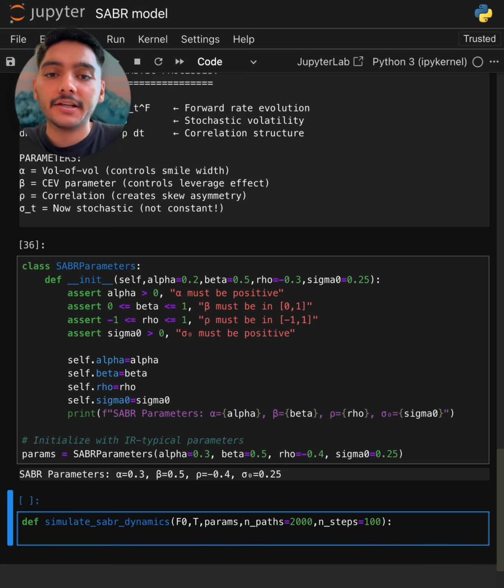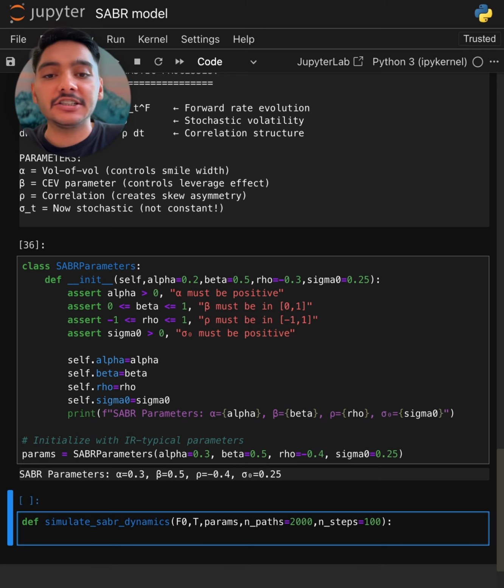What I will tell you: this is a Monte Carlo simulation of the complete SABR stochastic system. Before closed-form approximation, we need to understand the SABR behavior. We discretize the continuous SDEs using the Euler scheme with correlated shocks. This shows how f and sigma co-evolve with correlation rho.